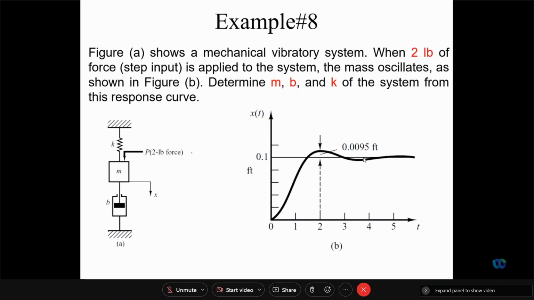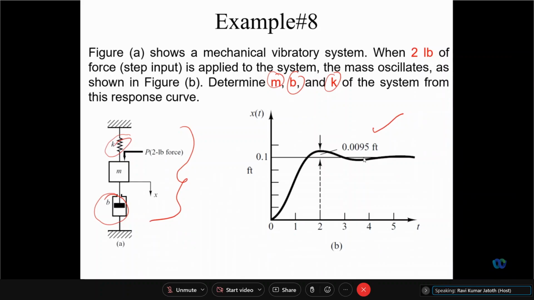Okay, so this is a simple mechanical system, the mechanical vibratory system, right? And then the response of the system is given like this. Determine the value of M, B, and K. B means damping constant, K is the spring constant, M is the mass, so you have to find it out from this.